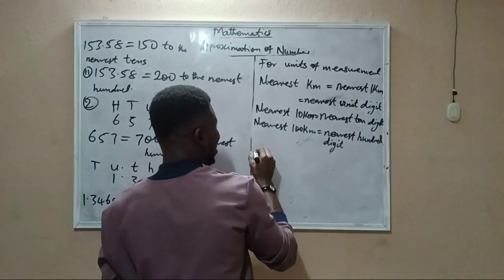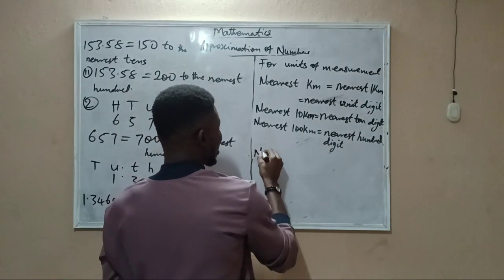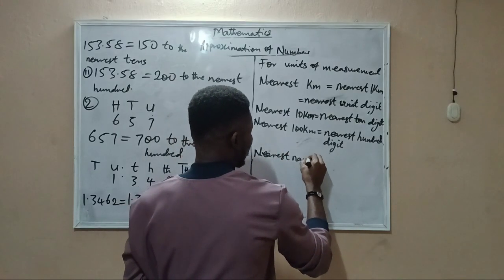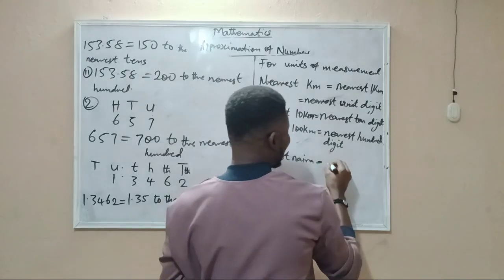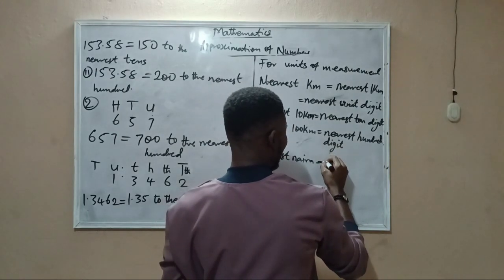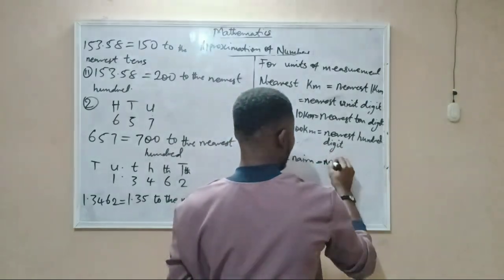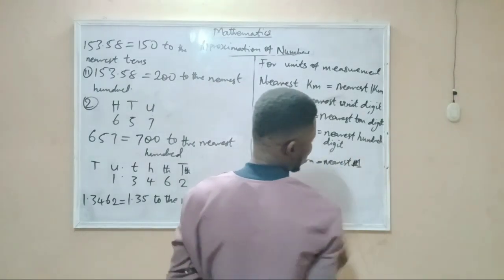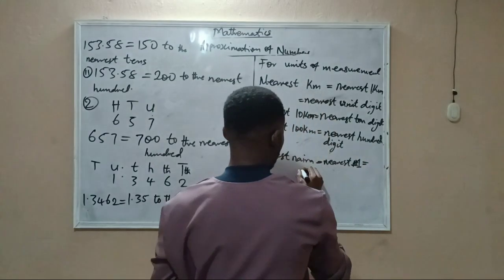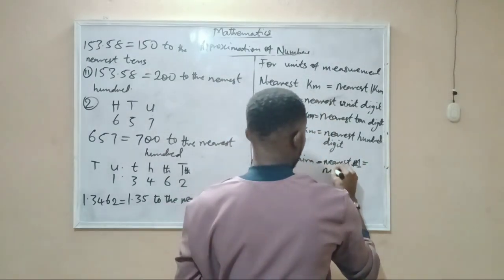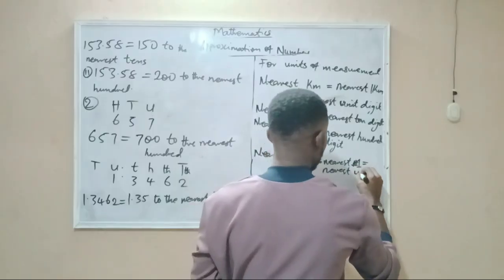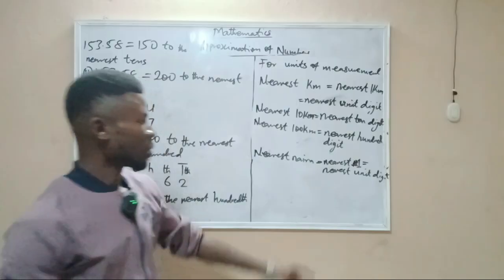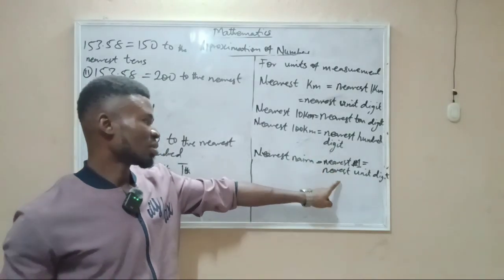Now, what of to the nearest naira? So I ask to get the value to the nearest naira. That is to the nearest 1 naira, which is to the nearest unit digit.